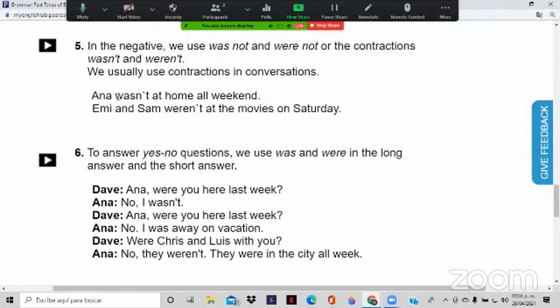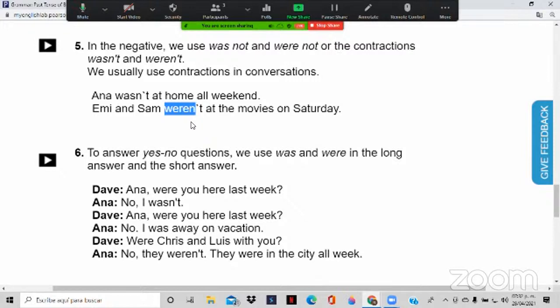Wasn't, pronunciación, wasn't, weren't. Good. Mucho cuidado con, por ejemplo, cuando pronunciamos y queremos decir, ellos estaban en Córdoba. They were in Córdoba.